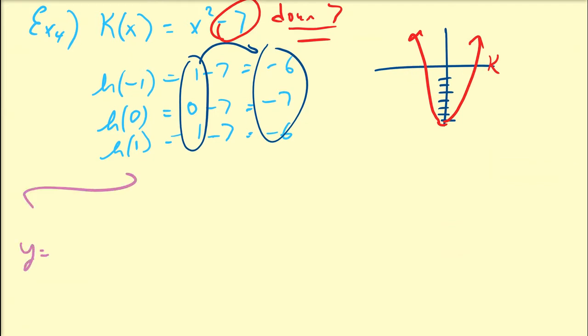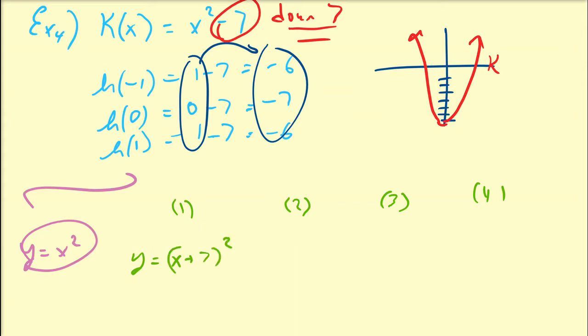So if we have our original function y is equal to x squared, we can categorize this into 4 different components. So consider y is equal to x plus 7 squared, y is equal to x squared plus 7, y is equal to x minus 3 squared, and y is equal to x squared minus 3.